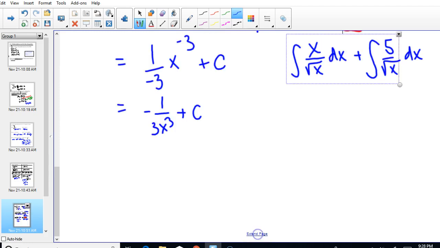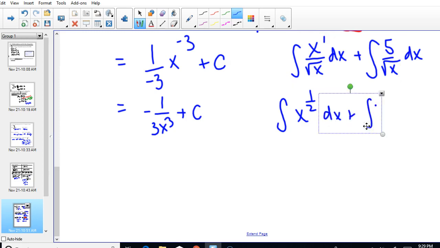And so when we integrate, this simplifies here. This is x to the 1/2 power because you have an exponent of 1 in the numerator. That square root has an exponent of 1/2 in the denominator. You're going to subtract those to get x to the 1/2 power.